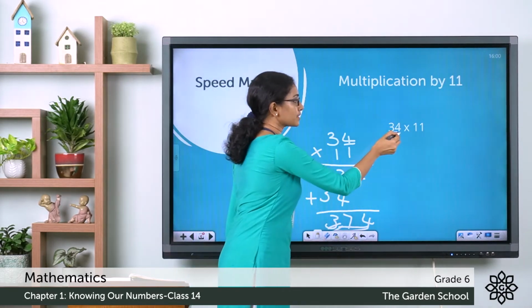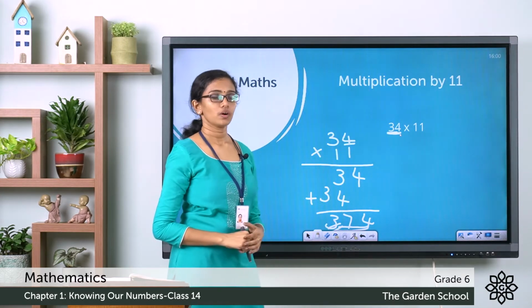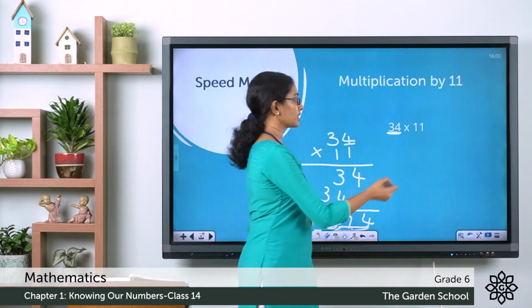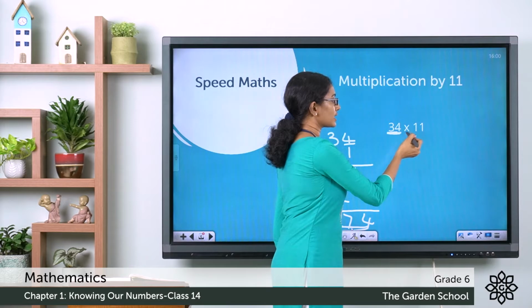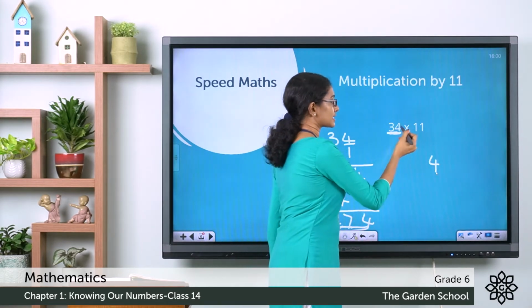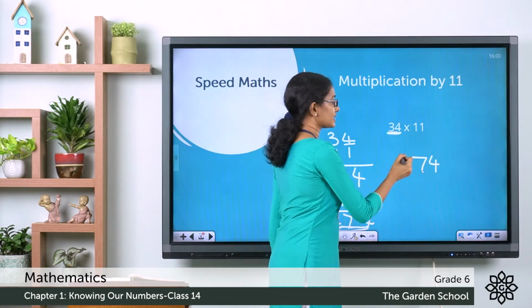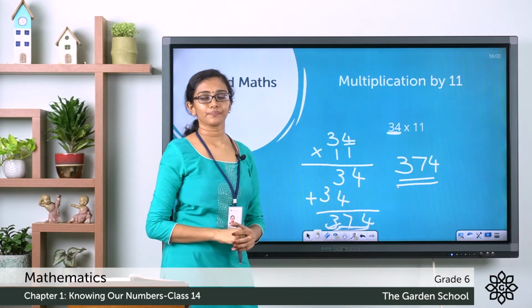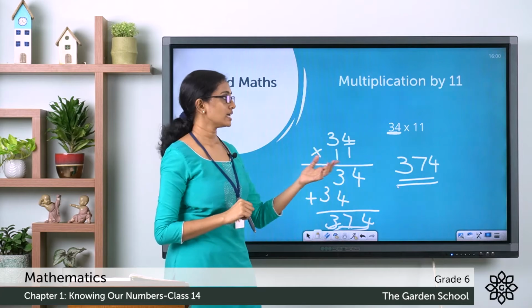And the sum of the digits of the multiplicand, that is 3 plus 4, becomes the tens digit. So I'll show you once again. Here in this multiplication, you have to write the ones digit as it is, add the two digits of the number, that is 3 plus 4, that is 7, then write the tens digit as it is. See, and the product is the same. So this is a quick way to multiply a number by 11.